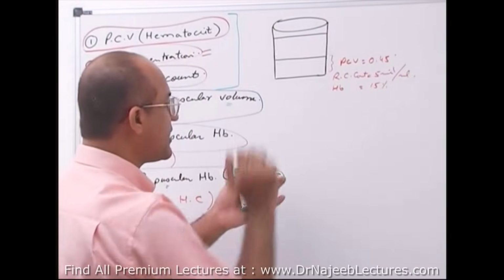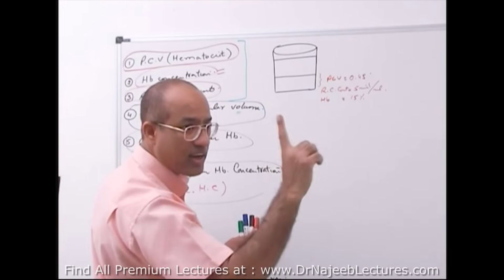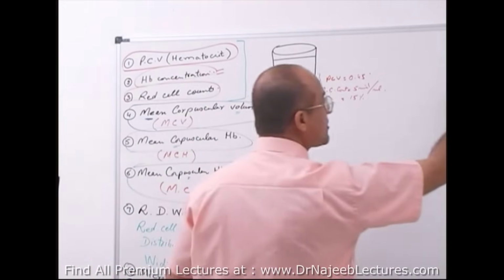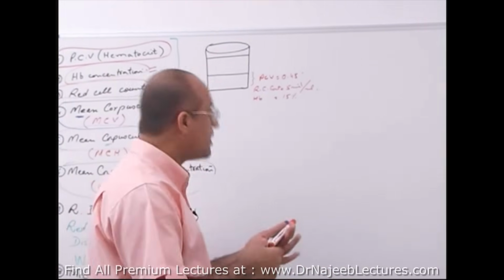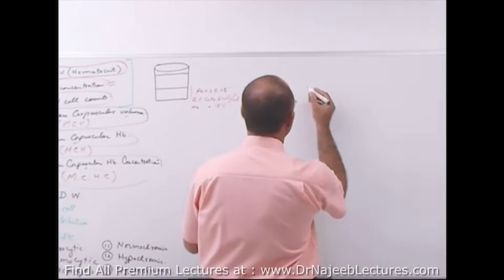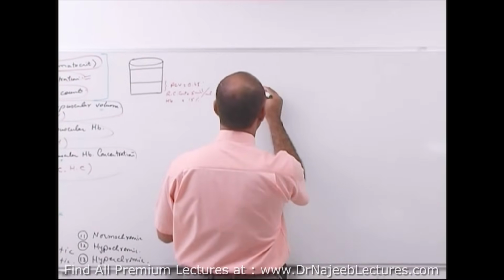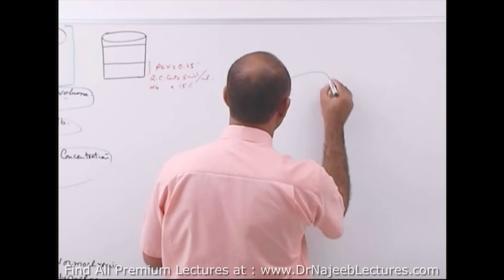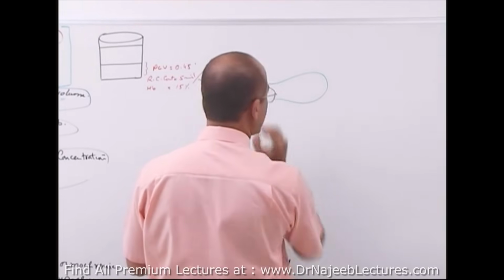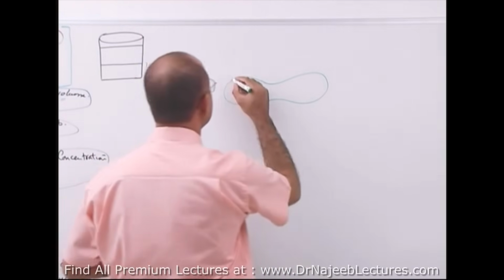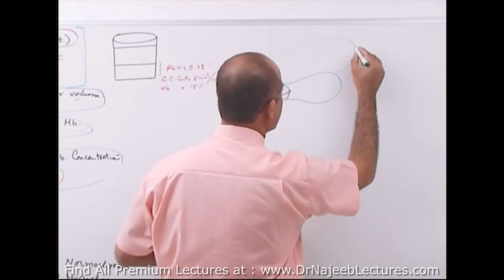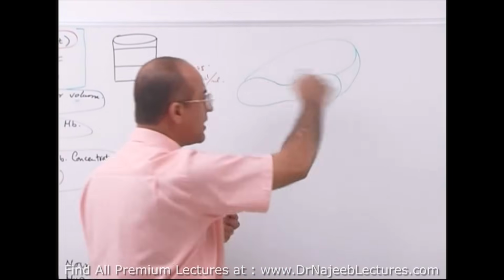Then we made the derivatives for one RBC. I will draw that single RBC here, right? This is that single RBC which we were talking about. Now this single RBC, I've made a section of that.